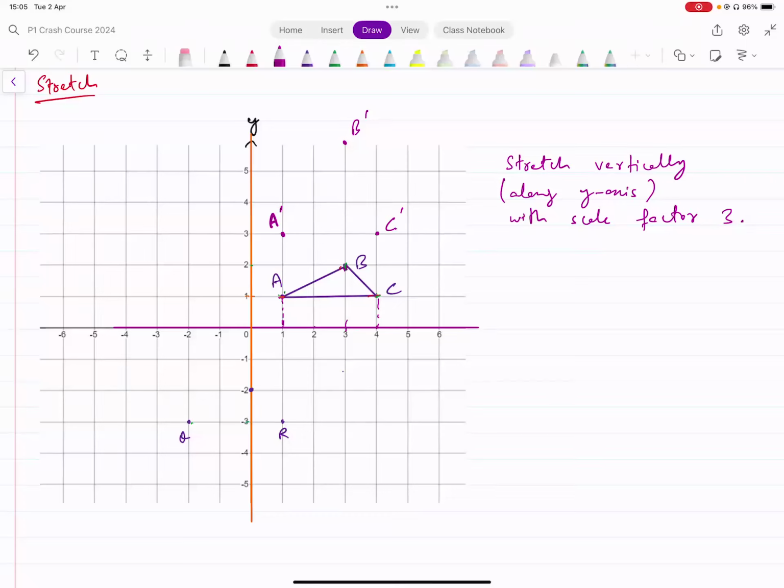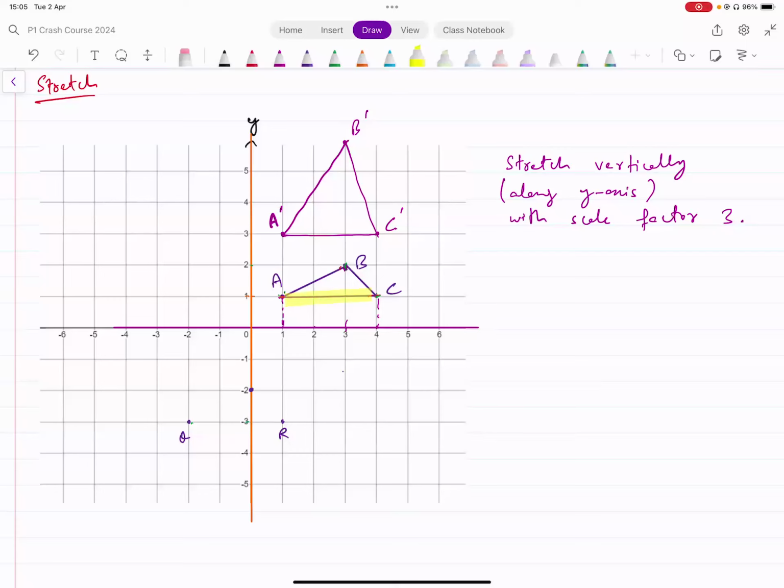Okay. And now this is what the stretched diagram looks like. This is the stretched triangle ABC. Now you see the size of the triangle is changing, right? It's bigger than the previous triangle. However, it's not exactly enlarged because not all sides are changing.